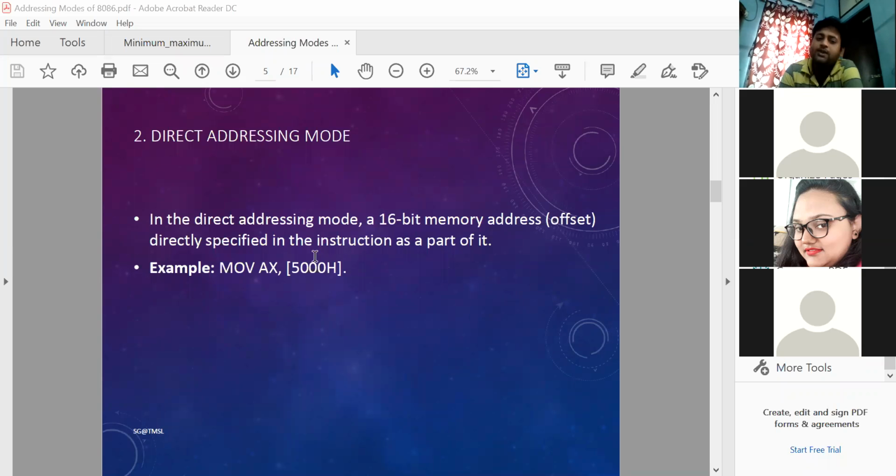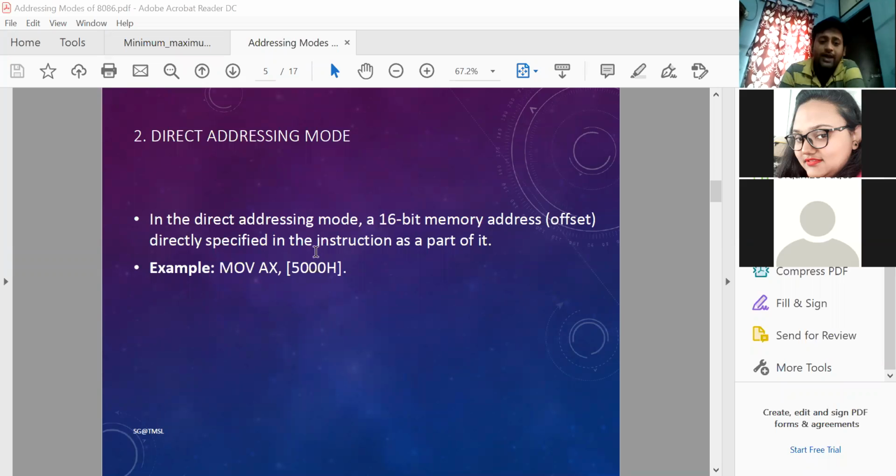Inside this memory location there is a data. Clear? So the instruction is written as MOV AX, [5000h]. Here 5000 signifies a memory location where some data byte has been stored, and that data should be transferred to the AX register.